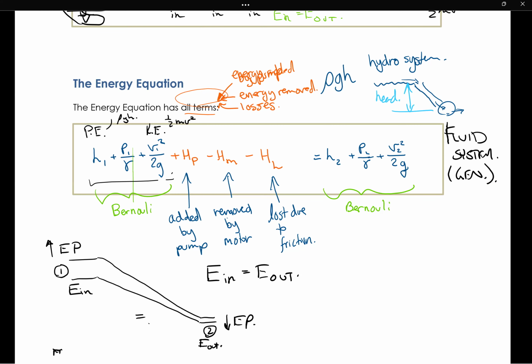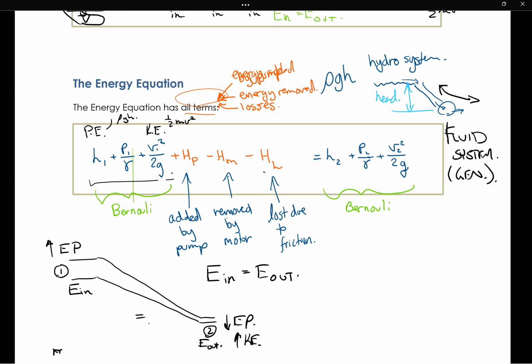But what if we are pumping something up, or we're pumping something down? So we are adding the motion of a pump, and then we are subtracting the electrical energy that went into supplying the motor that is going to run that pump. We lost some friction because of that pump.